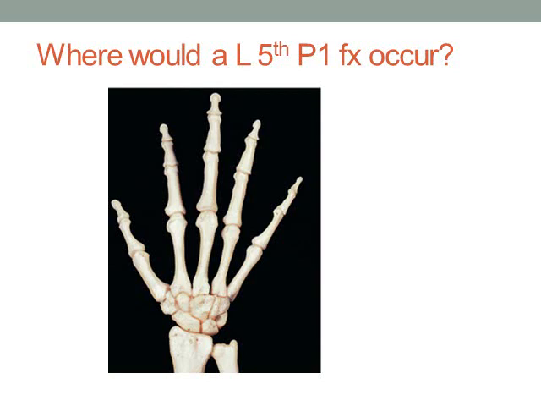So take a minute and try to figure out where that would occur. So if you remember, the fifth digit is your small finger, and P1 is your proximal phalanx, so it would occur on the left small finger proximal phalanx.